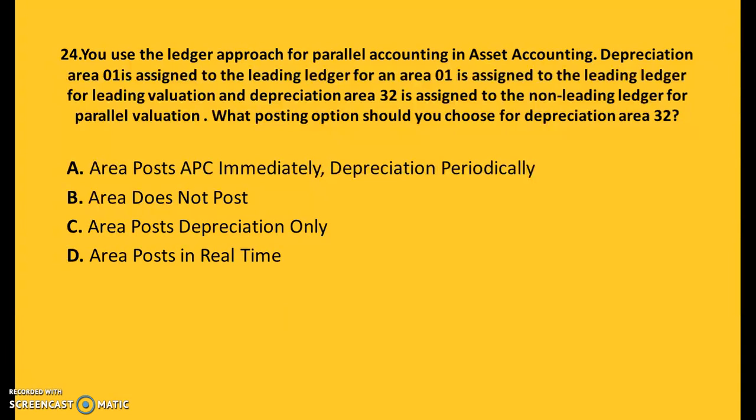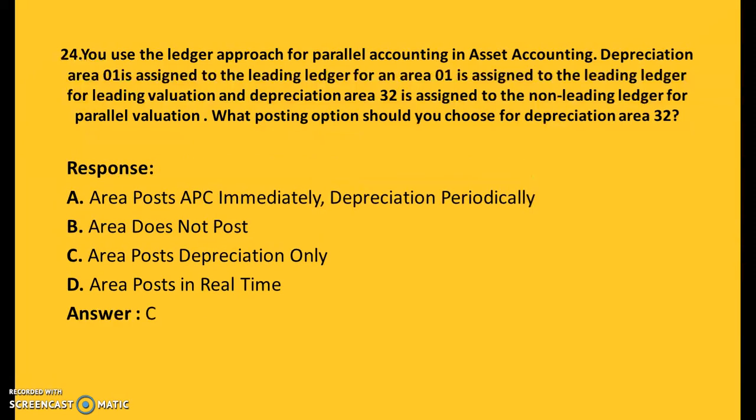What posting option should you choose for depreciation area 32? Area posts APC immediately, depreciation periodically; area does not post; area posts depreciations only; or area posts in real time. The answer is C, area posts depreciations only.